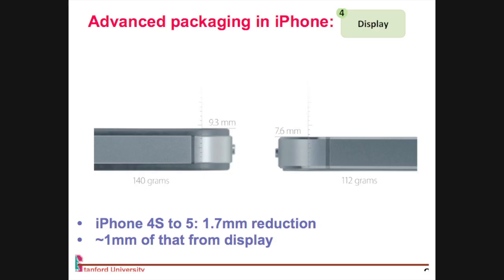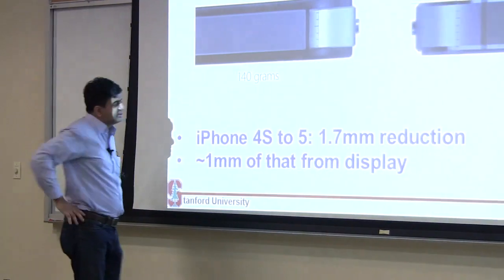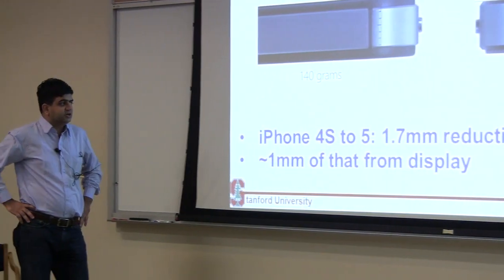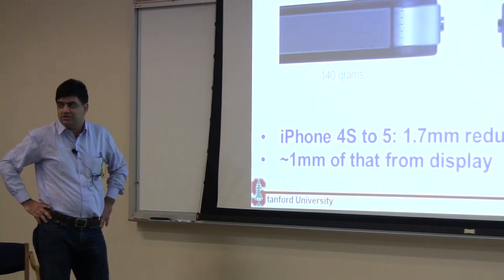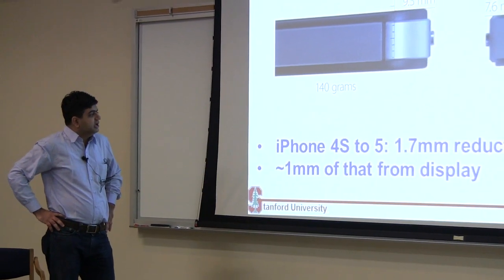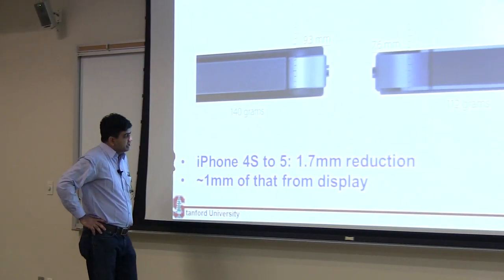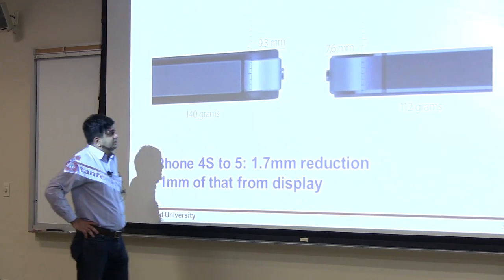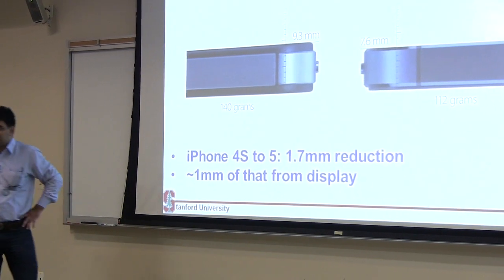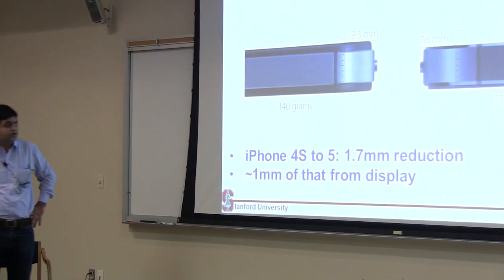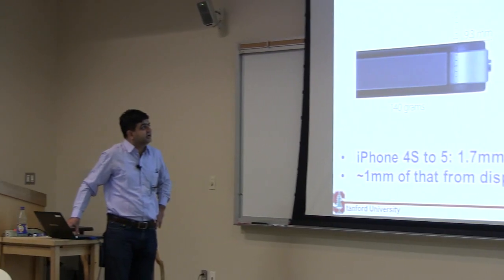So, this is 5 versus 4. There's a 1.7 mm reduction in your overall height of your phone, right? And 1 mm of that comes from the reduction in the total height of your display.